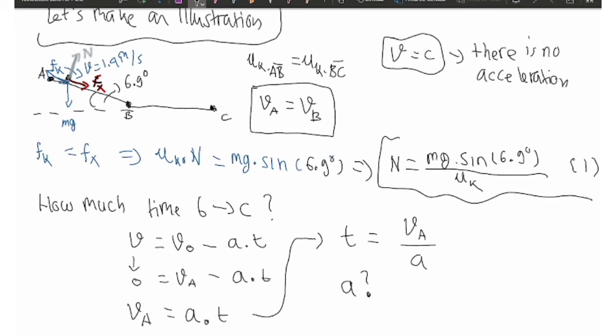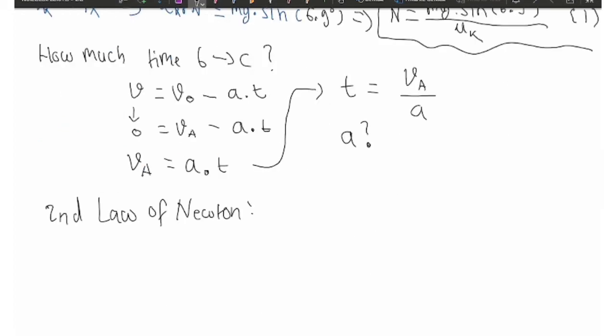We can use the first equation to find what a is. Based on Newton's second law, we know that we have the equation sigma F equals m times a. Sigma F equals m times a. And along b to c, we know that only a friction force exists on this object.